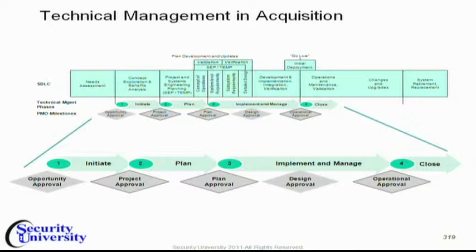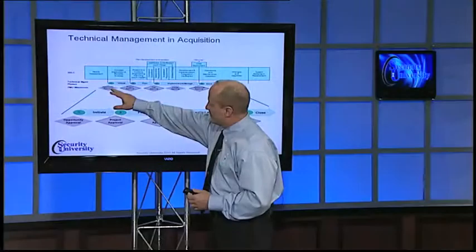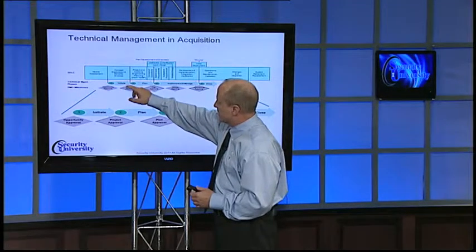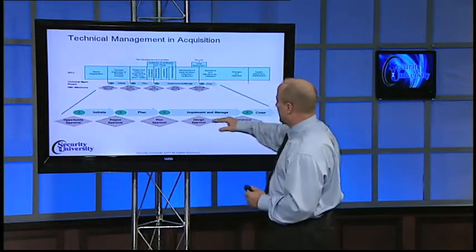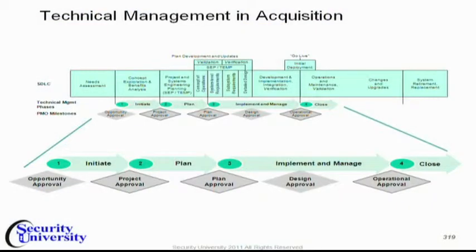Then, of course, there are some things that happen in operations and maintenance. But the key here is that the PMO milestones and the technical management phases are fully aligned, and the technical work and the technical reviews fully support the project management process.